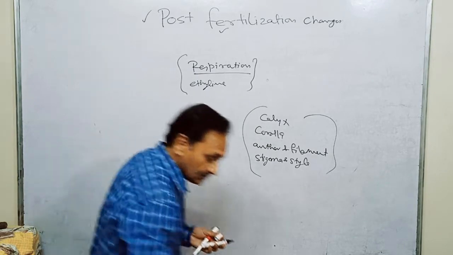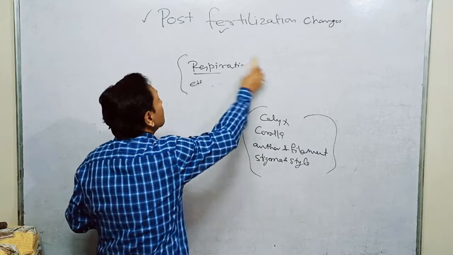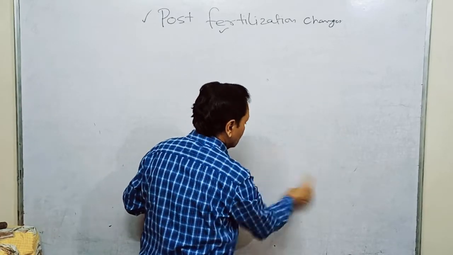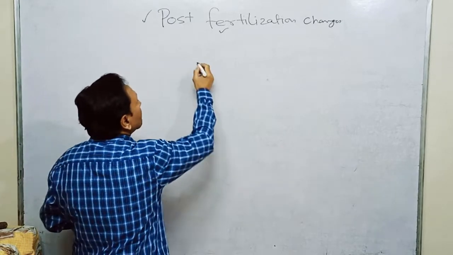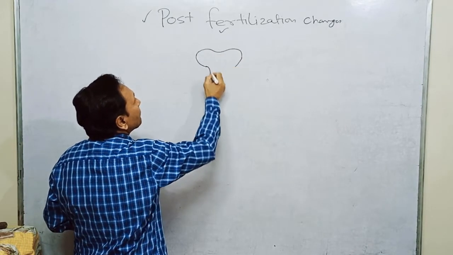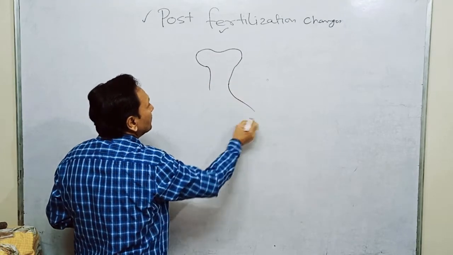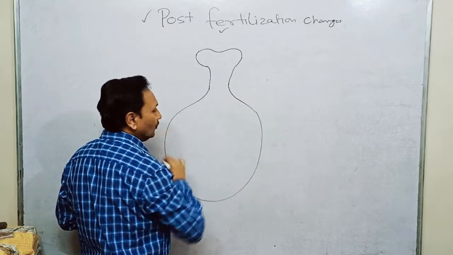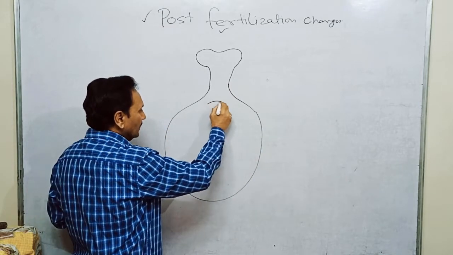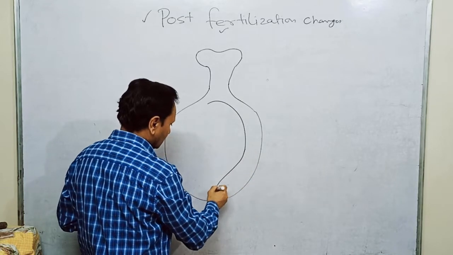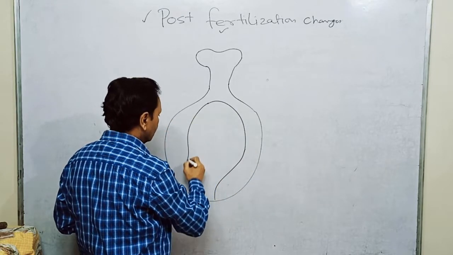Now we will discuss what happens after fertilization. You will see that this is the stigma, this one is the style, and this is the ovary. Inside the ovary there is an ovule.